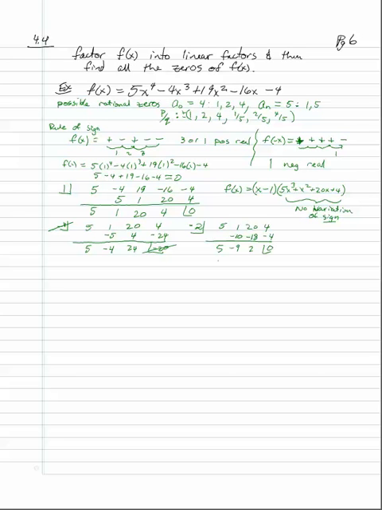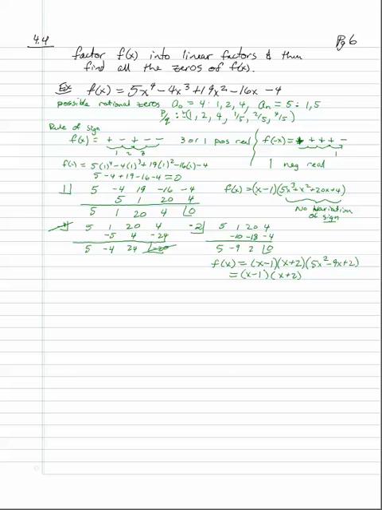So now our polynomial is f of x is the x minus 1, the x minus negative 2, which is x plus 2, and then 5x squared minus 9x plus 2, and we can use factors of 10 that add to 9. Okay, there aren't any. So I have to use the quadratic formula.